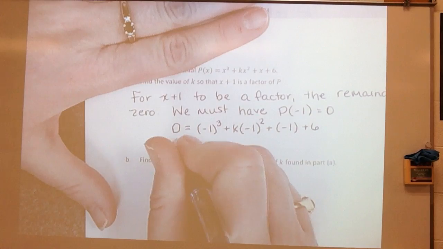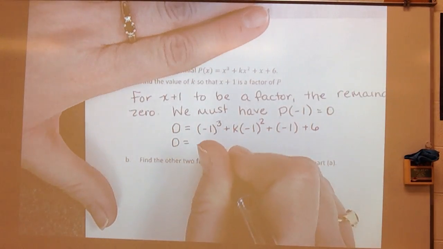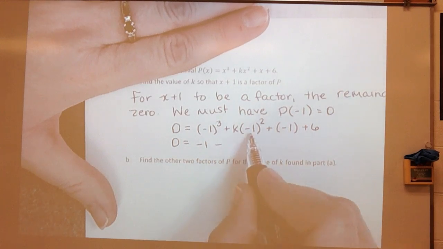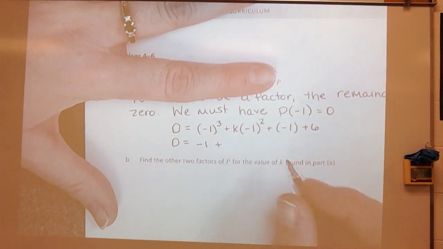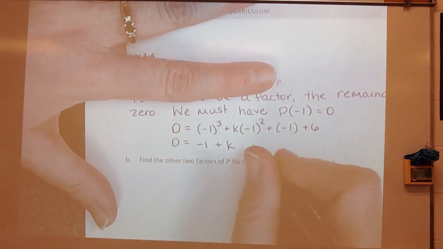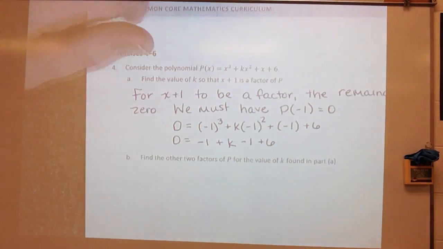Okay, so I have 0 is equal to negative 1 cubed is negative 1 plus, because negative 1 squared is 1, plus k, minus 1 plus 6.